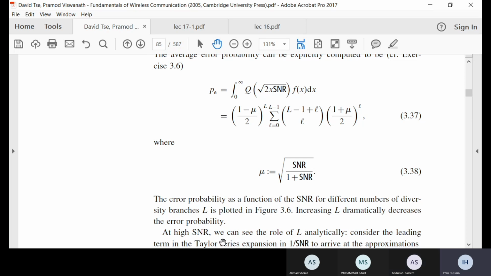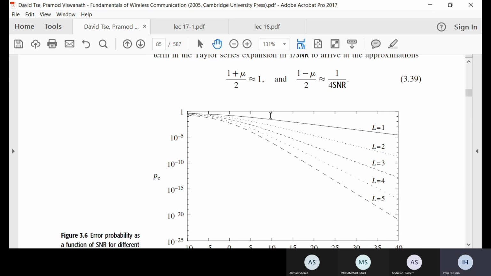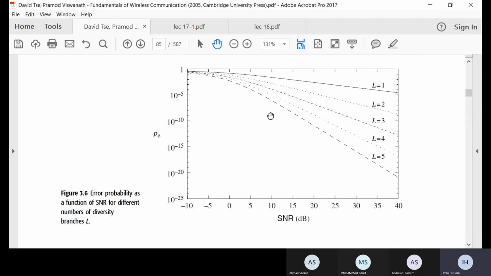This probability is plotted in figure 3.6, and here you can see that as L is increasing, probability of error is decreasing for any value of signal to noise ratio.